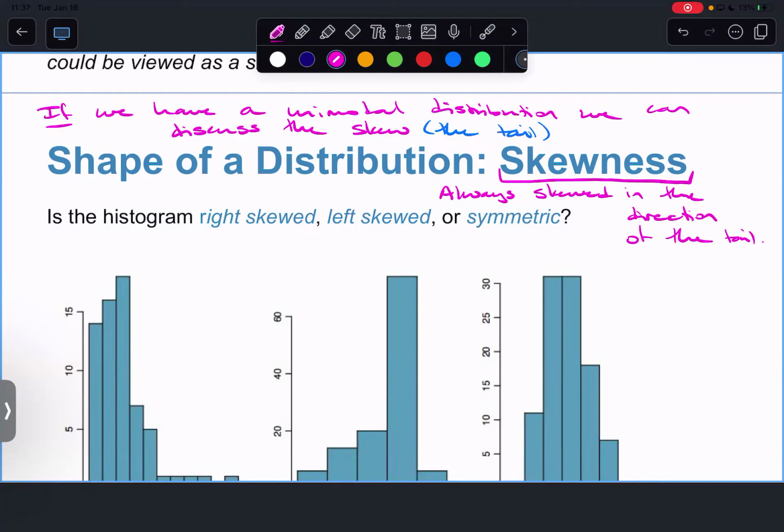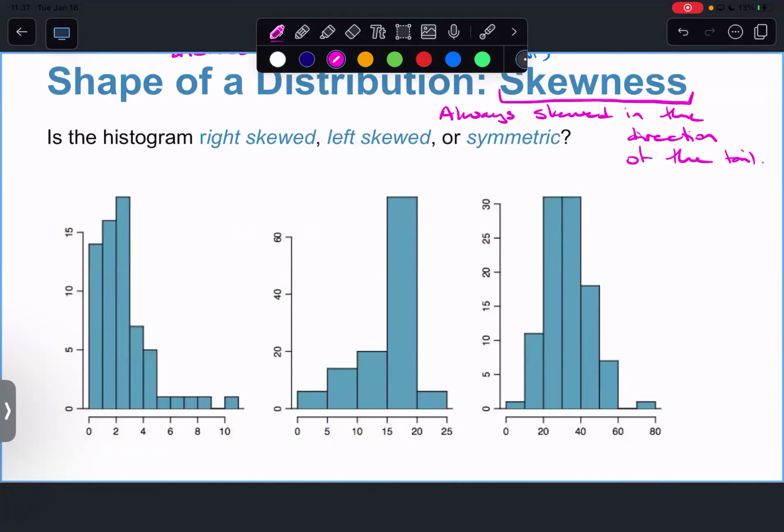Which can be a little bit counterintuitive because usually humans in general want to talk about where the lump is. But in statistics, we're concerned about those extreme values, what's going on with those tails. And so for us, the skew is always in the direction of the tail.